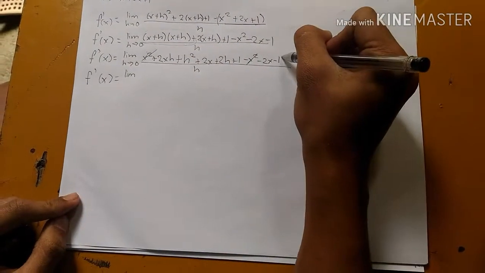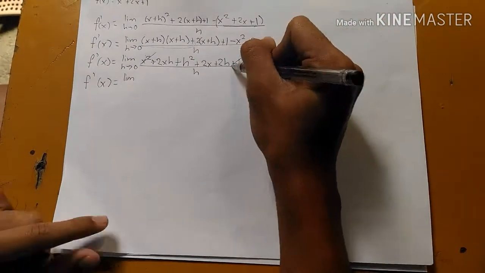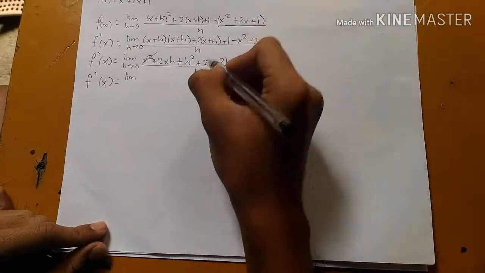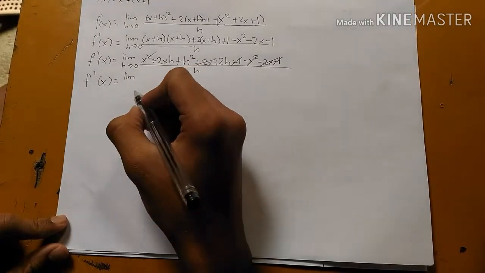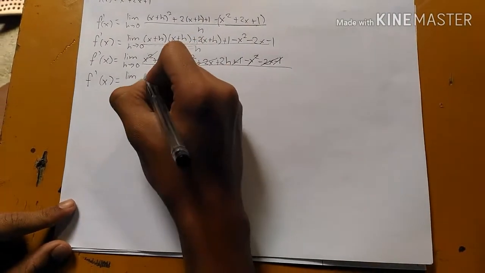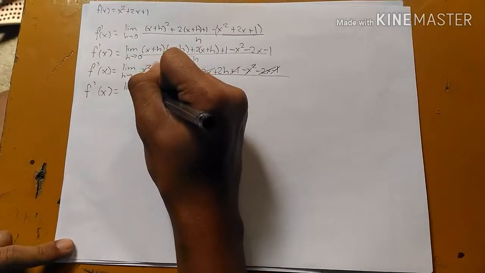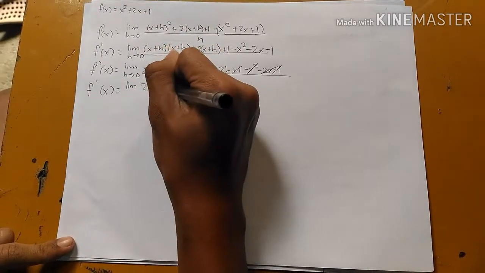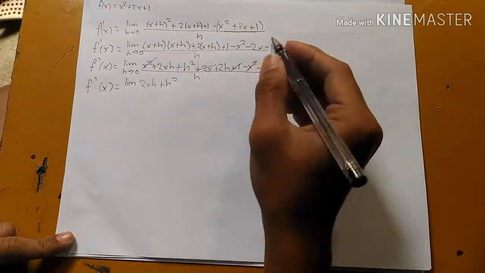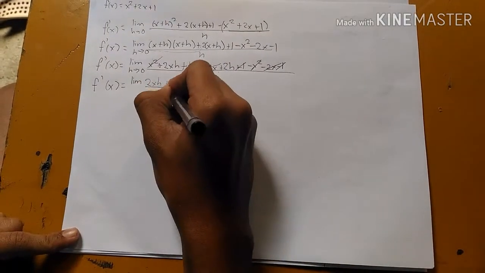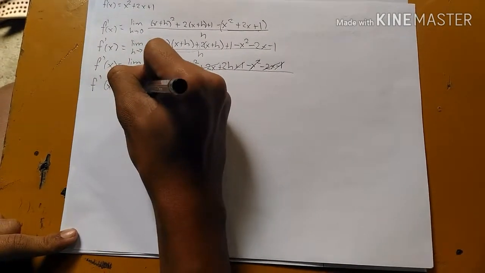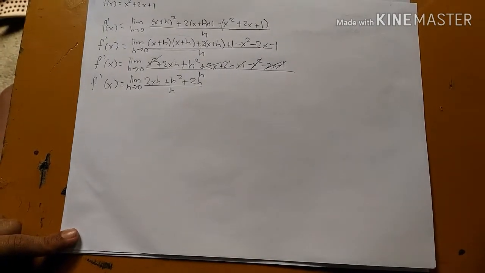And this one too, the negative 1 and the positive 1, the negative 2x and positive 2x. Then the rest we will just copy: 2xh plus h squared plus 2h, all over h, as h approaches 0.